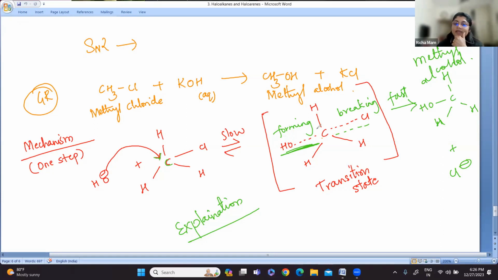So there is partial making of the HOC bond and the CCl bond is partially broken. Further, the CCl bond is broken and it forms the product methyl alcohol. Like this, you have to explain. Explanation is very important. 1 mark for the explanation, 1 mark for the general reaction, 1 mark for the mechanism.